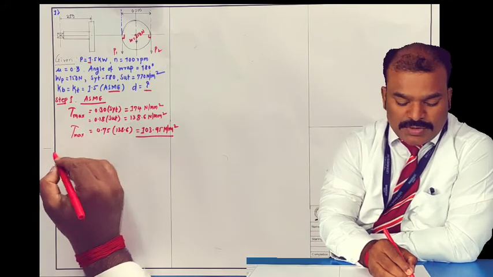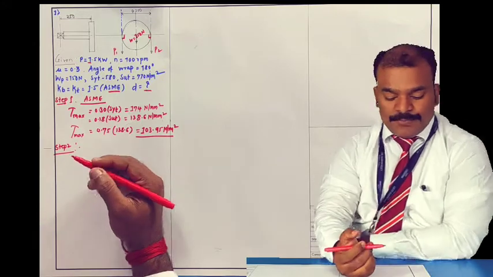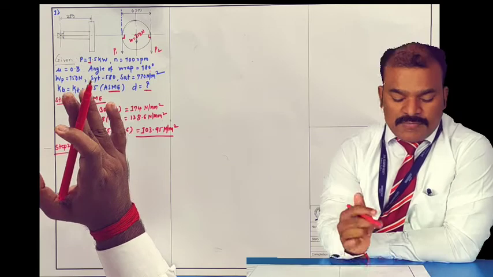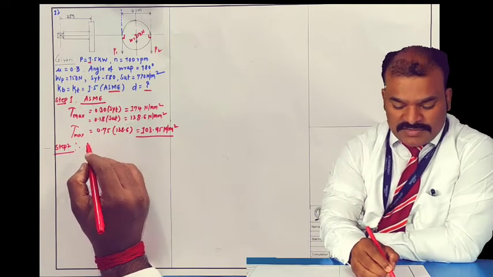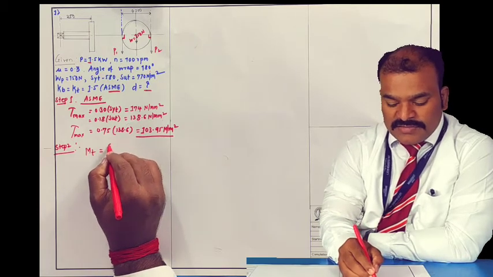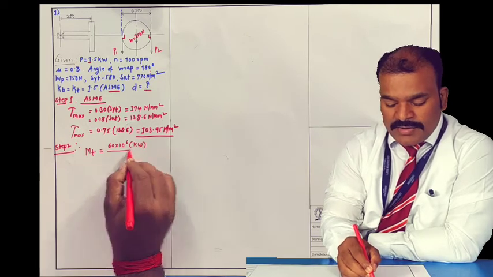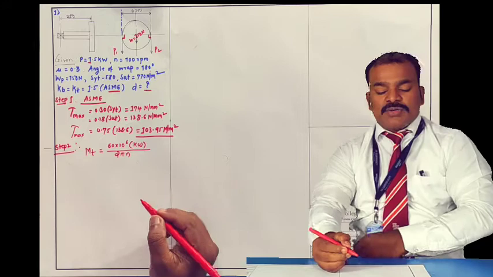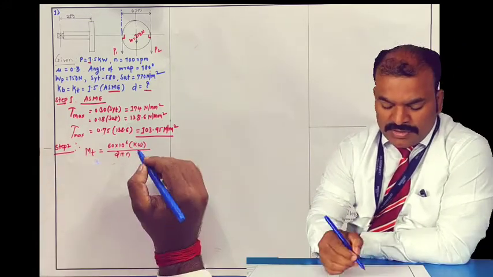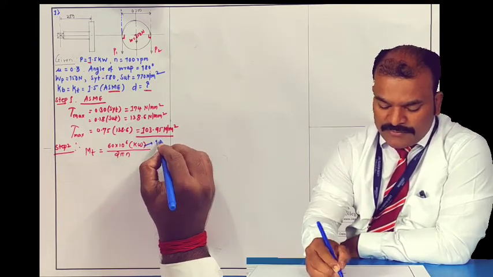So that was the first step. Step number 2: we need to calculate the torque developed in the system. Here they have mentioned the power, so we calculate the torque as I told you. MT is equal to 60 into 10 raised to 6 into power in kilowatt, divided by 2 pi N. The kW is given, that is 1.5.